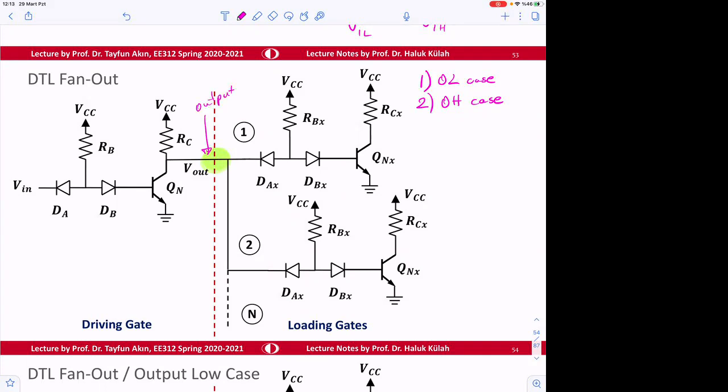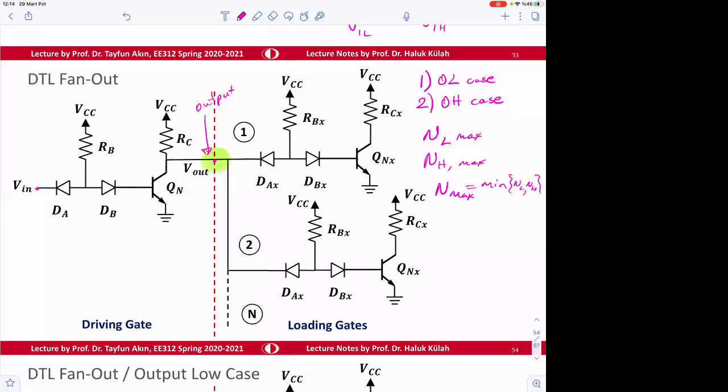Because in order to get that output low, we should give high voltage here. So this should be high so that we can obtain output low case. So here for both cases, we will be finding N low maximum case and then N high maximum case, and then N max is going to be again minimum of these two, N low and N high.